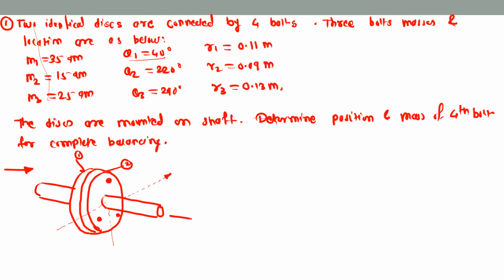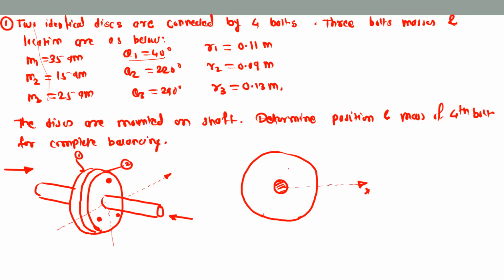If you draw this diagram from the side view, this is the shaft on which the discs are mounted. This is a reference axis.